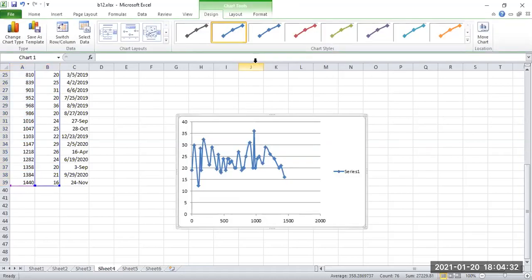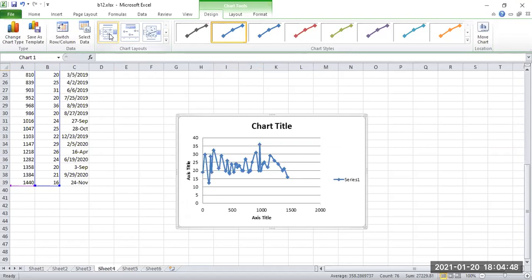Now, granted, it doesn't show me my axes labels. So follow my little cursor here, go over to where it says chart layouts, and I'm going to choose the first one. Ta-da, now I get ways to label this. I can click in the box and say that this is percent iron saturation.